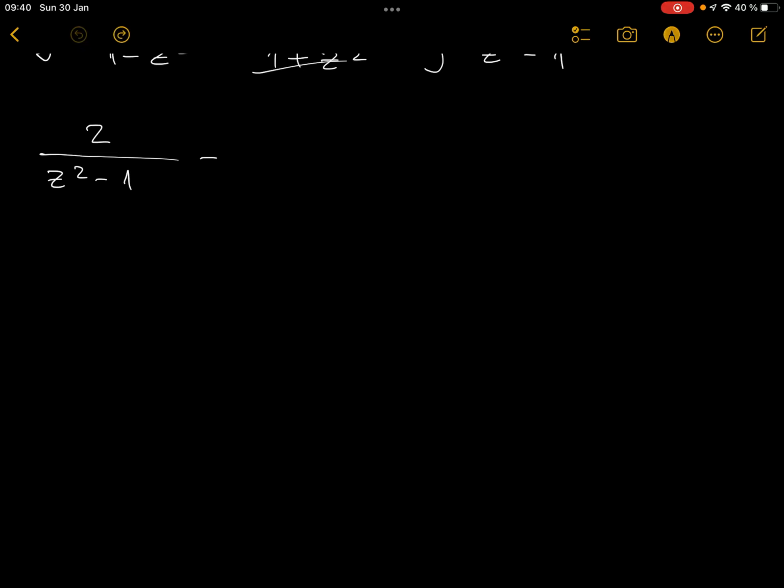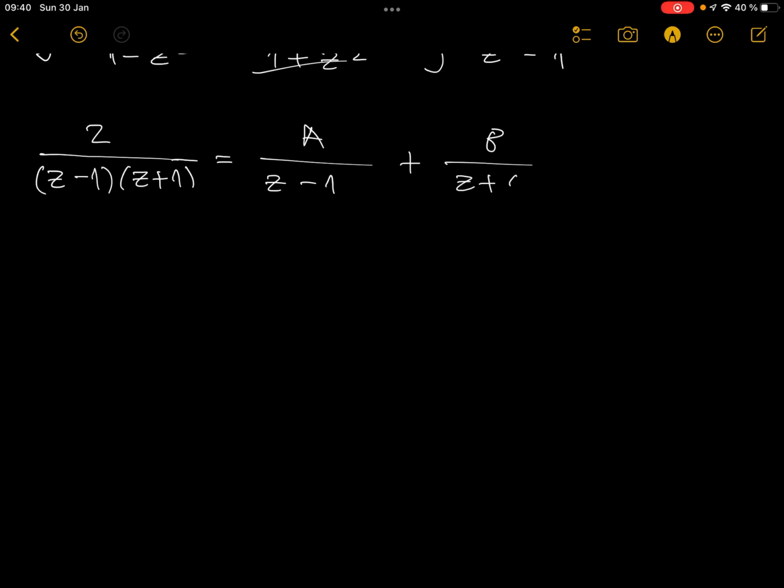Now let's break this apart into partial fractions. So 2 over z squared minus 1, or better yet, 2 over z minus 1 times z plus 1 is equal to a over z minus 1 plus b over z plus 1.